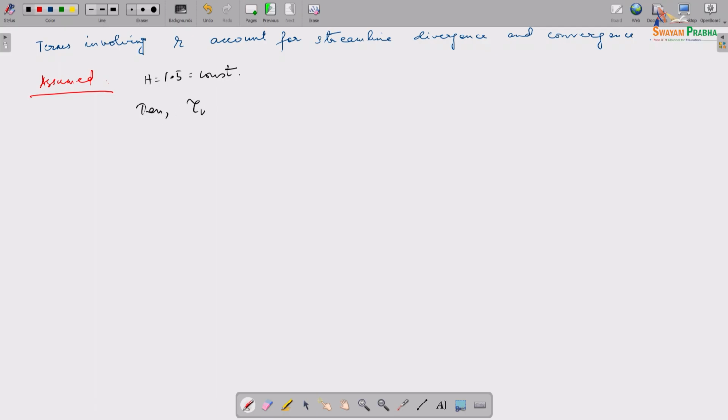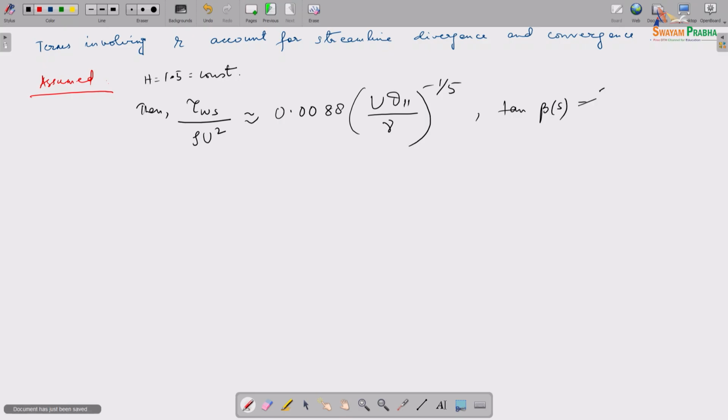this means that tau in the streamline direction is this, and tan of beta in the streamline direction is equal to this.